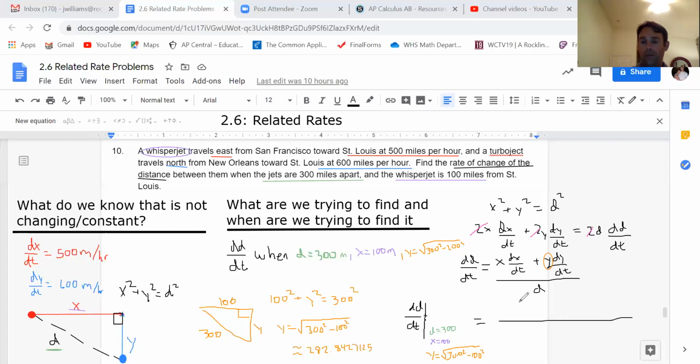Big ugly problem. X, what did we get for X? Looking around, oh, that was the 100. dx/dt, what was dx/dt? That was the 500. Plus, we have the y value, where it was y.